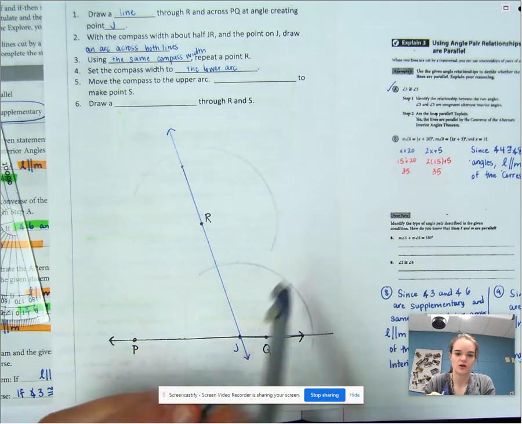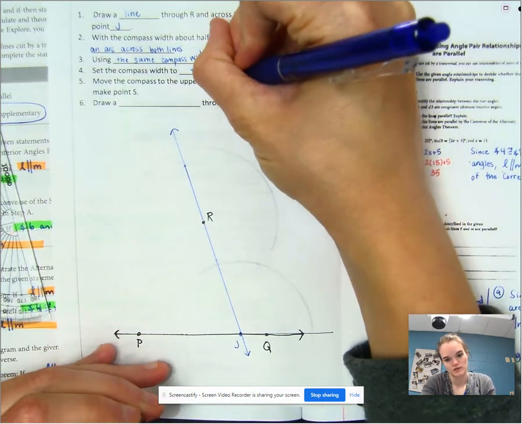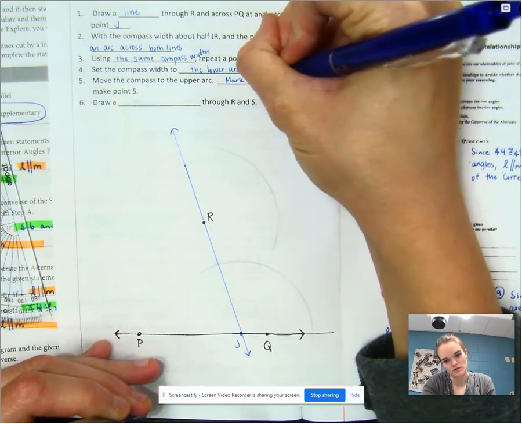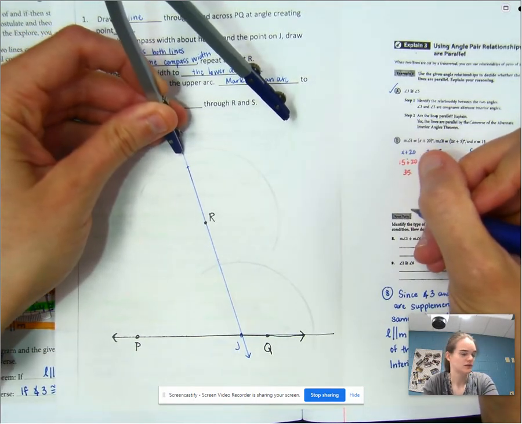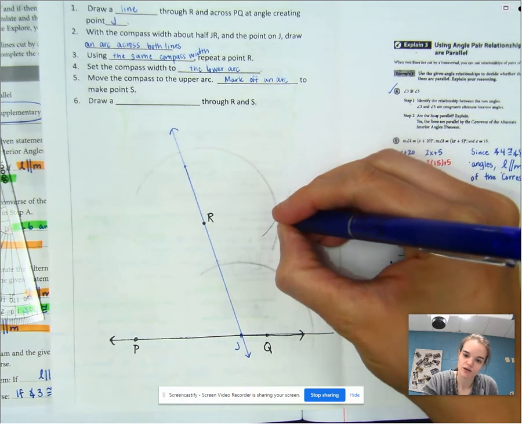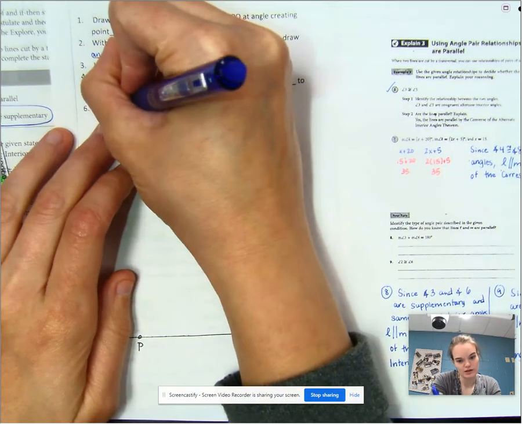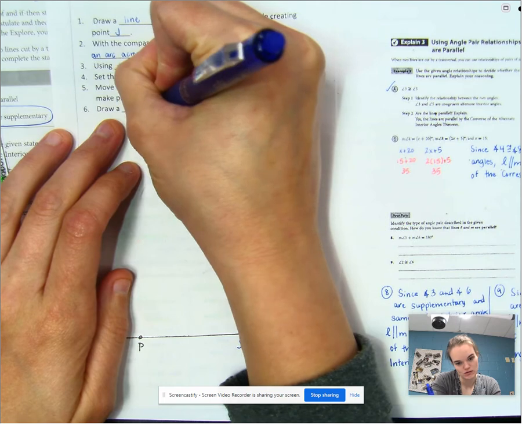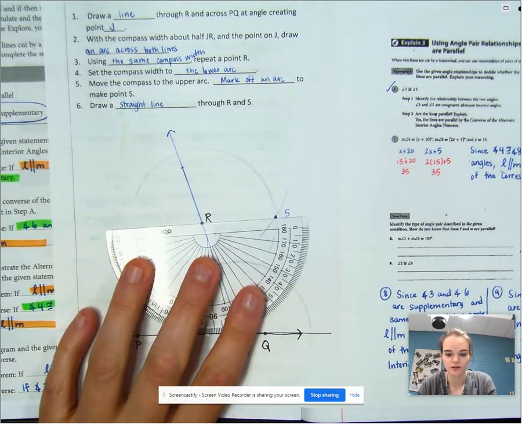Move the compass to the upper arc and mark off an arc to make point S, meaning put it right here and draw the arc so it goes across wherever they meet. Right here is point S. Draw a straight line through R and S. That is my parallel line.